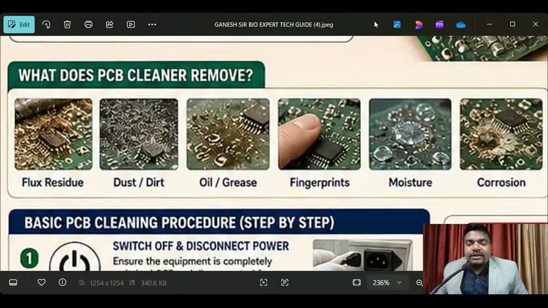If you miss something, keep watching my sessions and you will get it. First see it clearly. What does a PCB cleaner remove? See very clearly, because I don't change this slide.